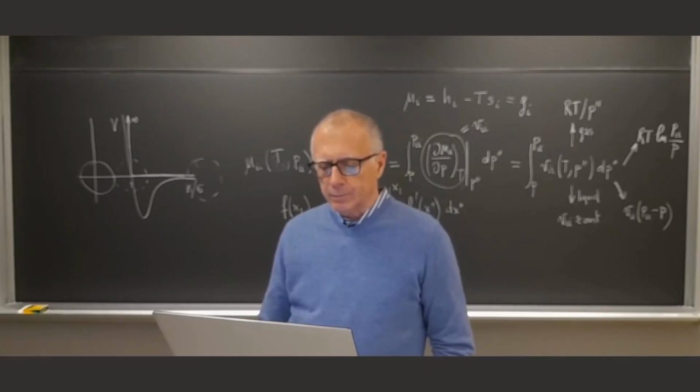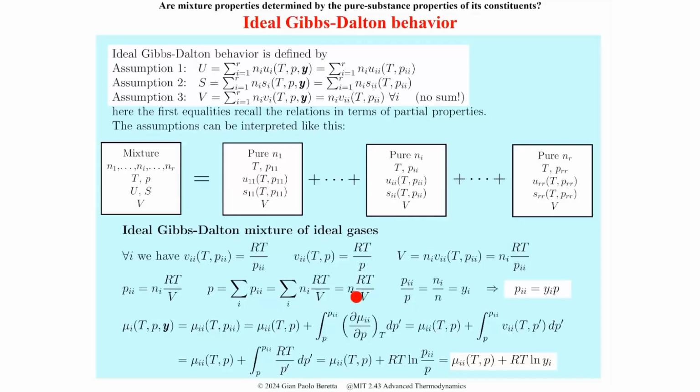And the other important result is that if you extract RT over V from here, you see that you can write it as partial pressure over the amount. And RT over V from here, it's the pressure over the total amount.